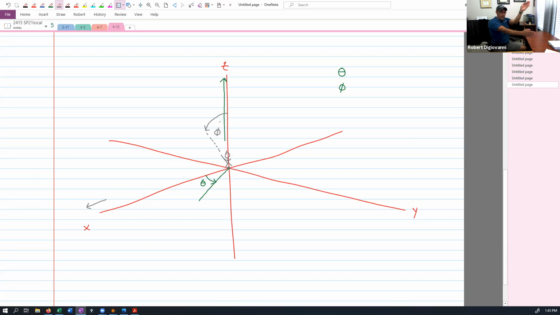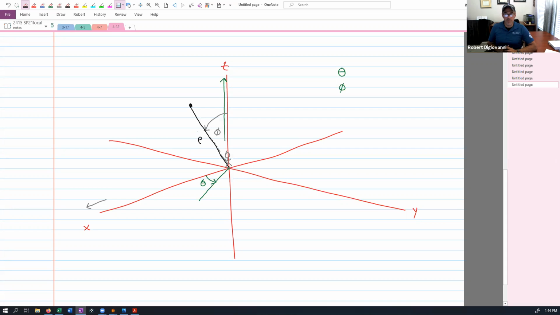And then I'm going to tell you how far to walk out from that. That distance I'm not going to call R, we're going to call it rho. So you walk out a certain distance, and we're going to call that rho. And you'll be at a point, won't you? You'll be somewhere in three-dimensional space.